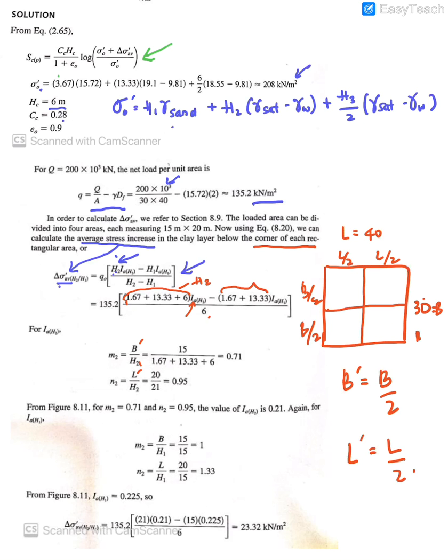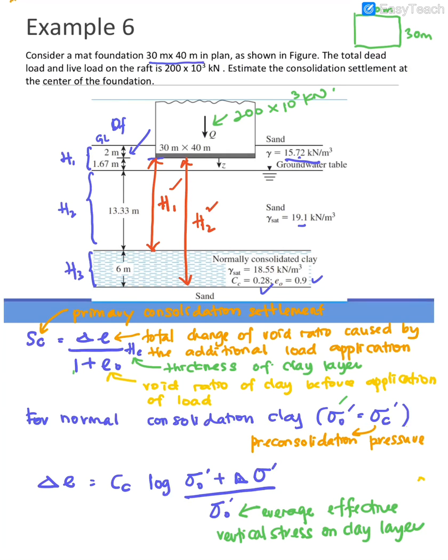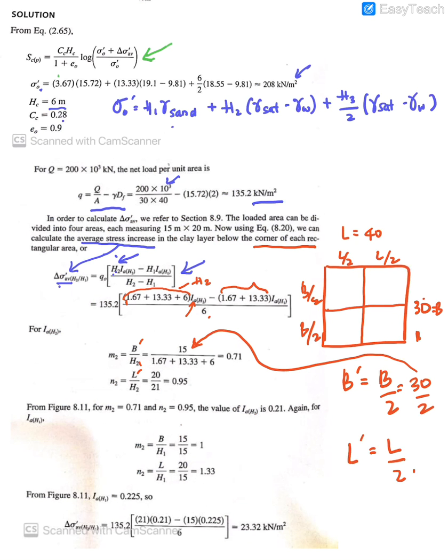So B prime is B, 30, divided by 2, so you get 15 here. H2, as written here, is 1.67 plus 13.33 plus 6 meter. And then N2 is L prime over H2.